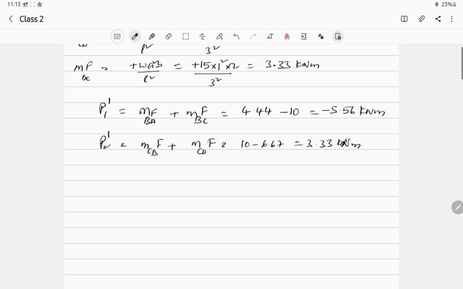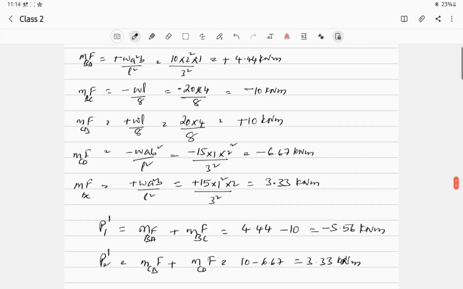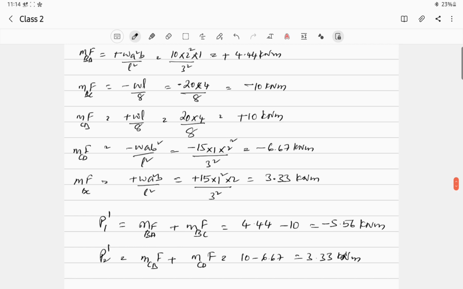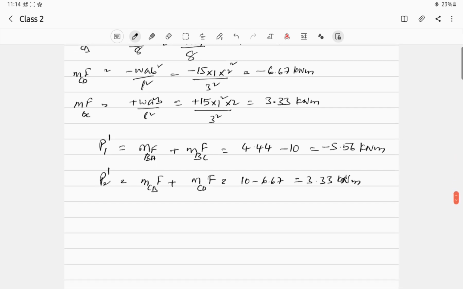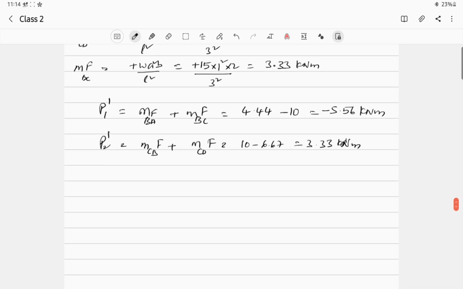So what we are doing here, we are trying to take these moments MFBA and MFBC, similarly MFCB and MFCD. Why we are doing that? Because at this location moments will be equal to 0, isn't it? So the same thing, the equilibrium equations we are applying here. To overcome that, we have to add, we have to simplify those moments, isn't it? So we got the value of P1 dash and P2 dash.